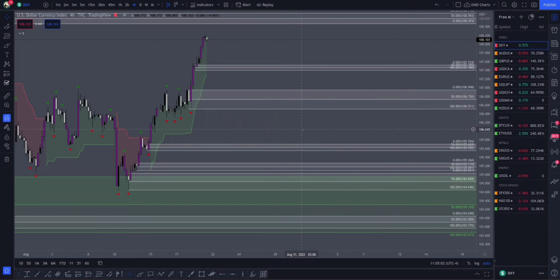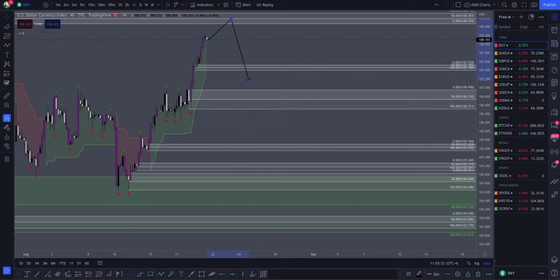We're going to be starting with the DXY. Short-term currency bias is bearish for the DXY index. So I am looking for a move up into a supply, then waiting for my trade confirmation to begin to trade this to the downside.